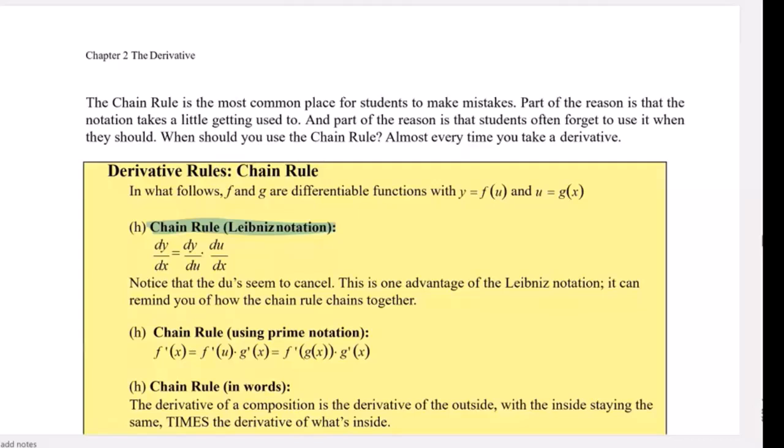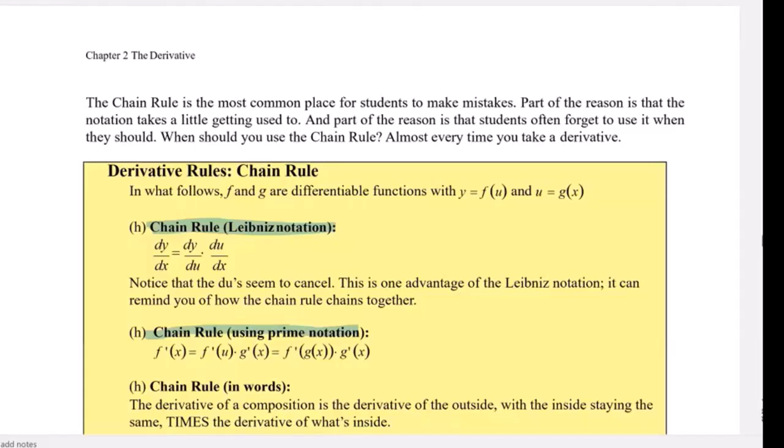We can, with the first notation, which is again my favorite for complicated functions, but my favorite for easy functions is using prime notation. What this says is that if I want to take the derivative of x, I might have some u value in there. Actually, this is pretty complicated the way they have it written.